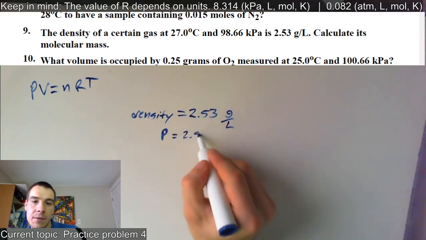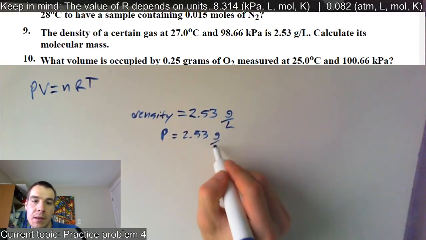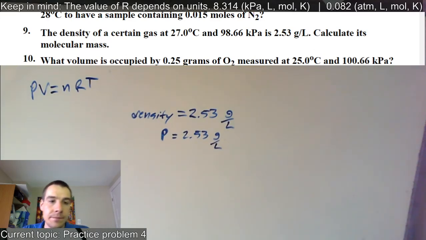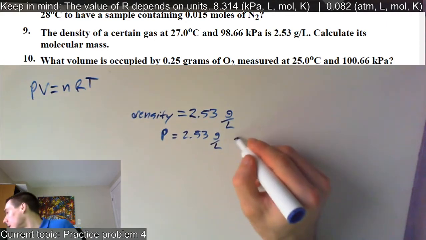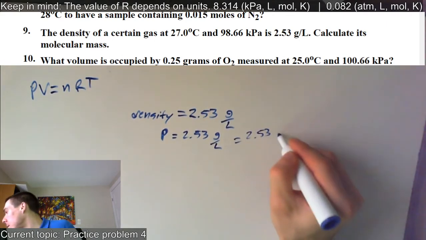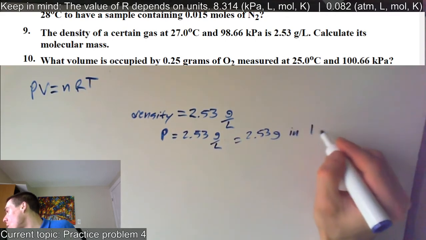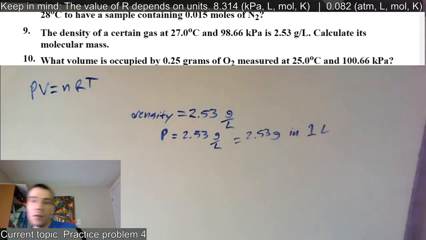So that's 2.53 grams per liter. What that means is I have 2.53 grams of this stuff in 1 liter.